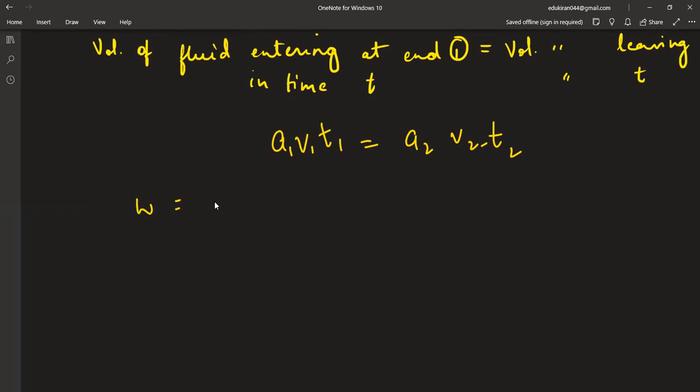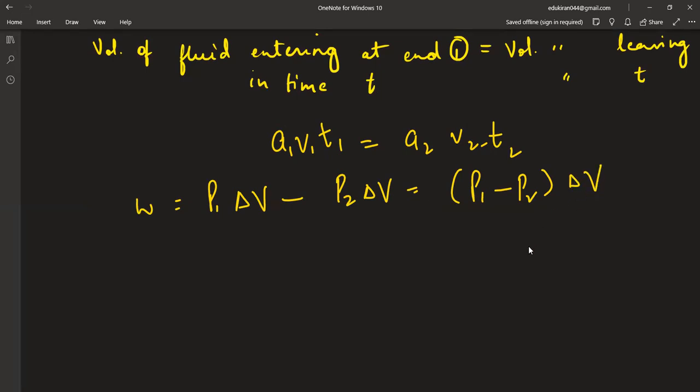Now, when we write the work done as P1 delta V minus P2 delta V, we can take delta V common. So what is this equal to? This is actually equal to the energy change.